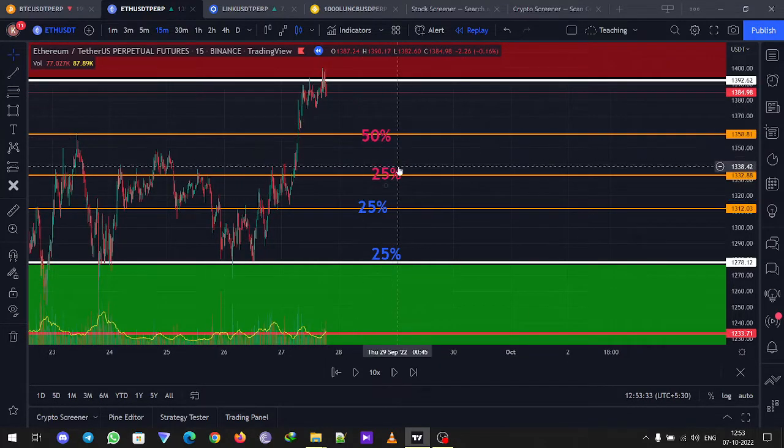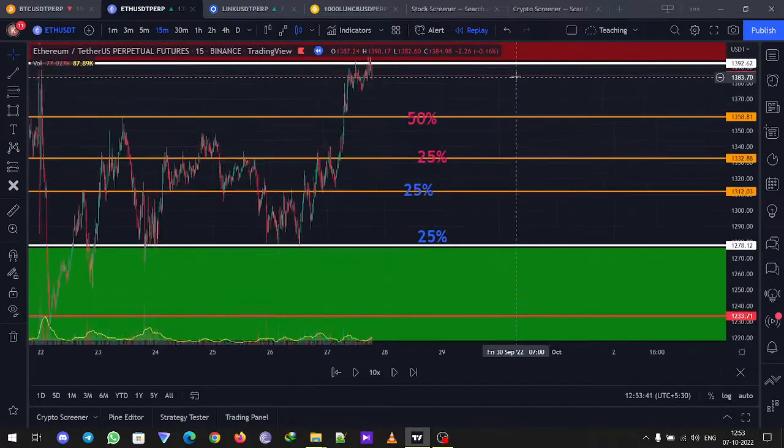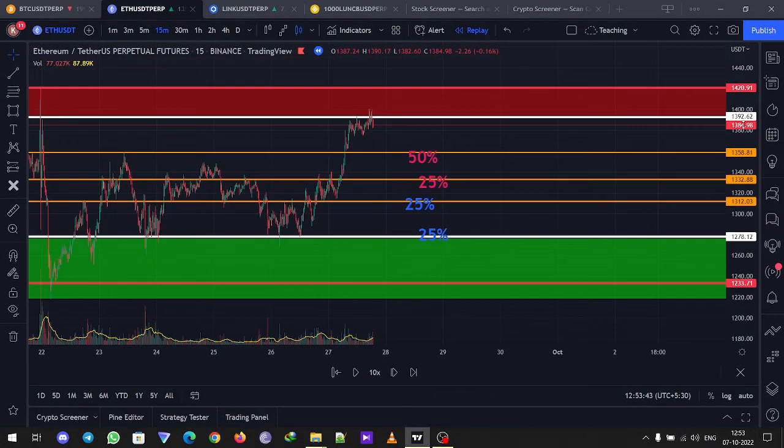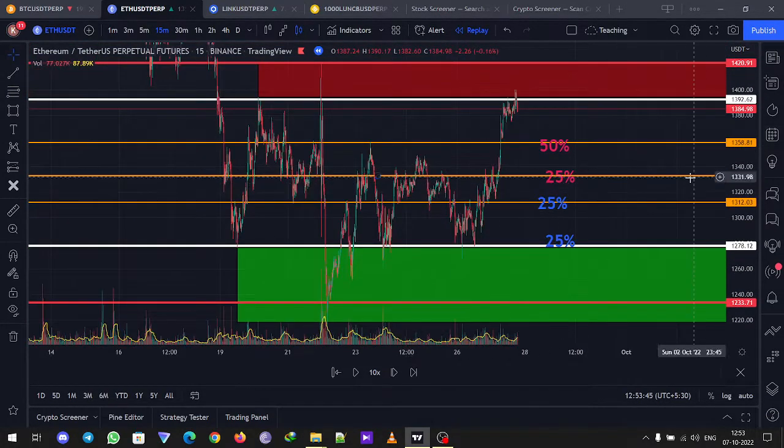See, this 50% and this 25% are necessary, mandatory, to minimize the risk if the stop loss gets hit in the case of trend change or trend continuation.